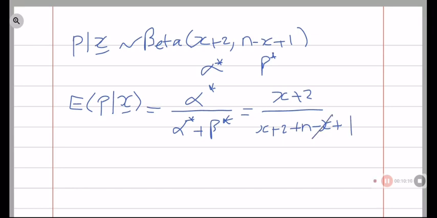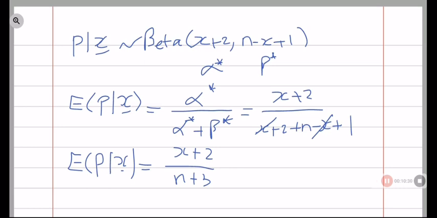So minus x cancels out with x. That will be x plus 2 divided by n plus 3. That will be the expectation of p given x. This is called the posterior mean of p.